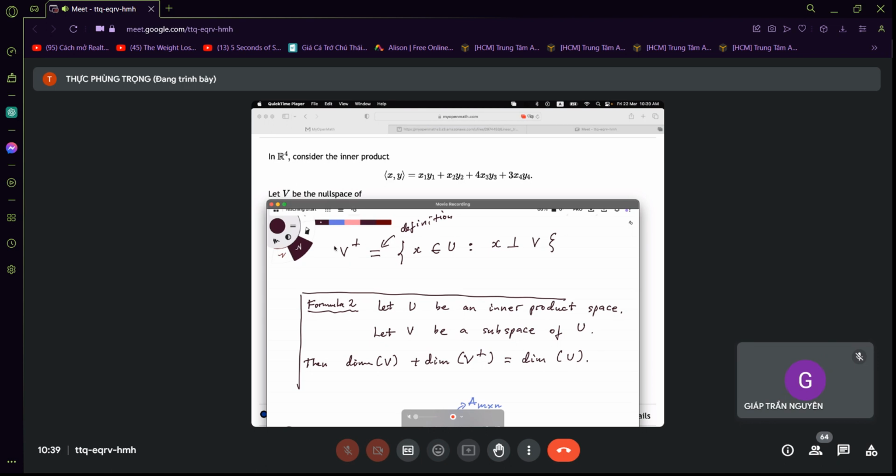This is also a subspace of U. And the formula we have right here, formula 2, is that the dimension of V plus the dimension of V orthogonal is exactly equal to the dimension of the base space, the whole space.